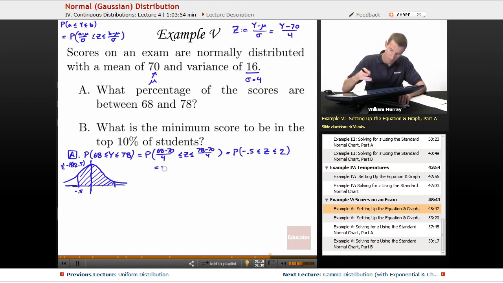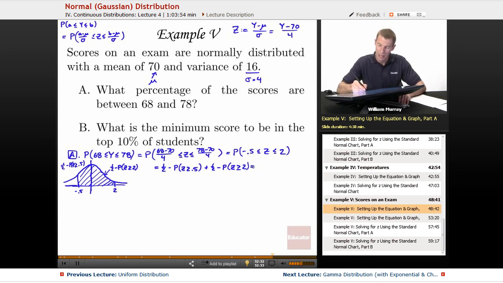So this is 1/2 minus the probability that z is bigger than or equal to 0.5. And this right-hand area is, again, 1/2 minus the tail. The tail starts at, no, it starts at 2, not 2.5. So 1/2 minus the probability that z is bigger than or equal to 2. So plus 1/2 minus the probability that z is bigger than or equal to 2.